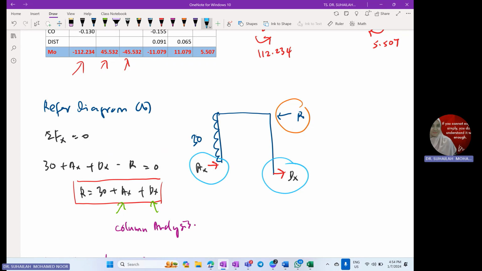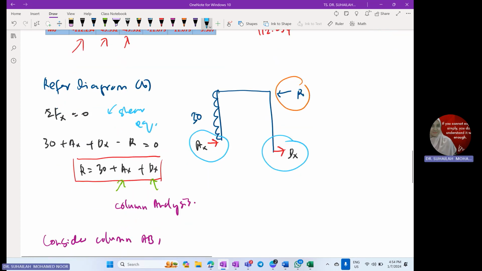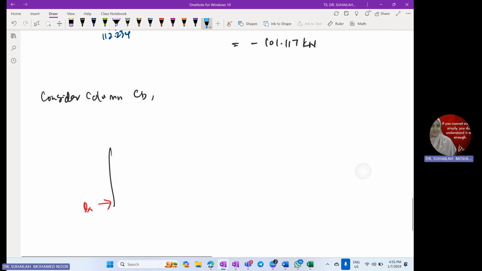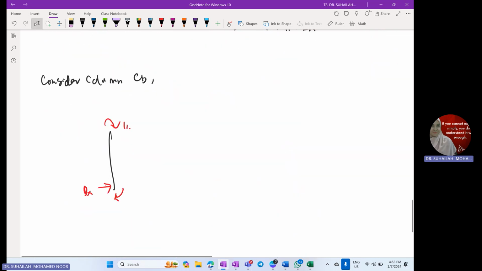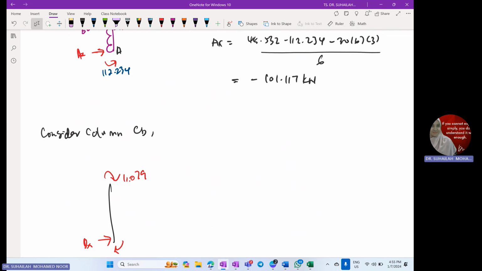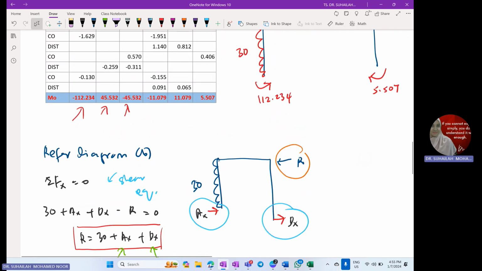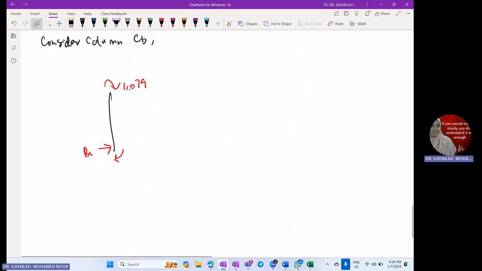Okay, because this is the shear equation. And the moment is 11.709, positive, positive. The moment is positive, positive. 11.079 and 5.507.